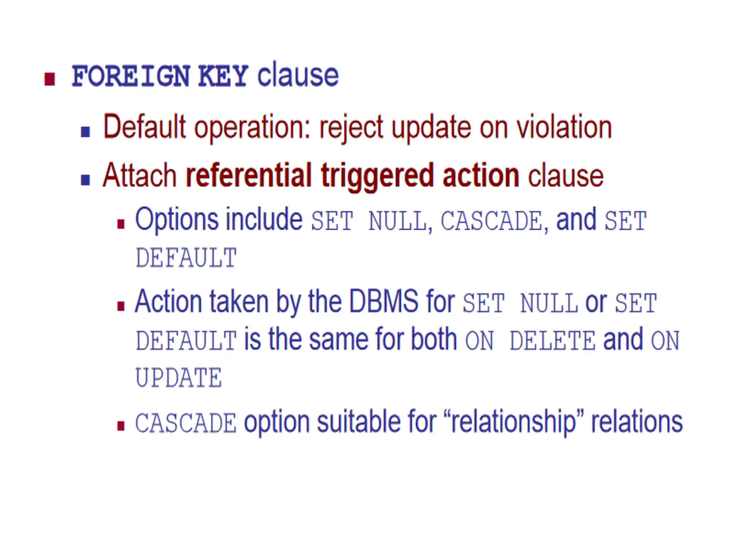Now a couple of other things for foreign key. Because of the foreign key, we have talked about referential integrity, remember? There were two types of integrities we talked about. Referential integrity is wherein whatever data is there in the foreign key, the same data should be there in the primary key.